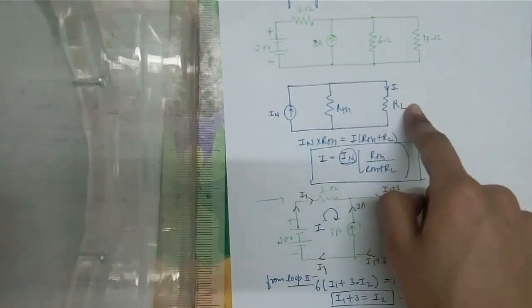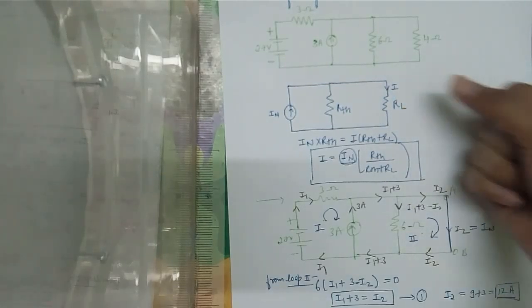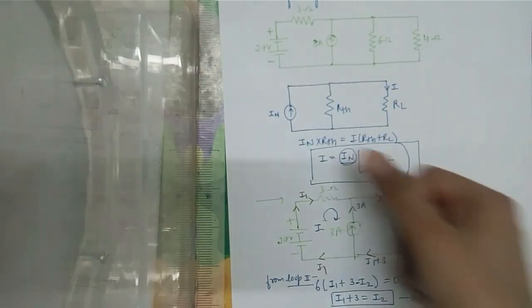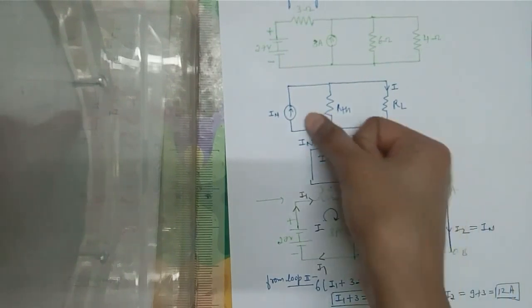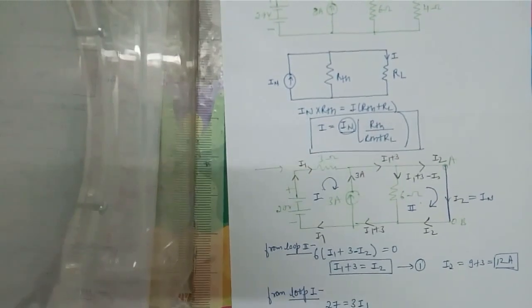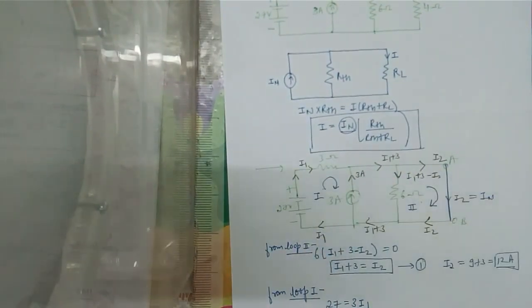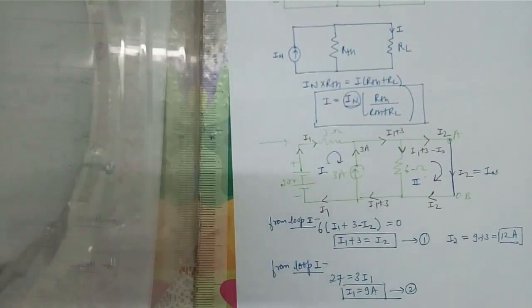This is RTH, this is RL, this is a current, and this was the current flowing through RL, which was to be determined. Thus we had obtained a formula over here as voltage in both of them was the same, after which we had divided the current sources over here, and thus we have received two equations, one determining the value of I1 and further using it to determine the value of I2, which was actually the value IN, which was supposed to be put in this formula.